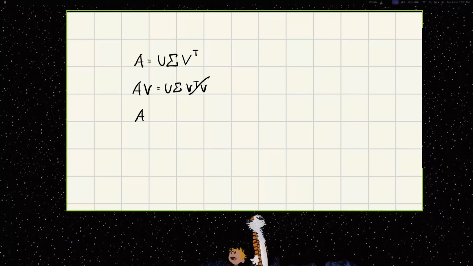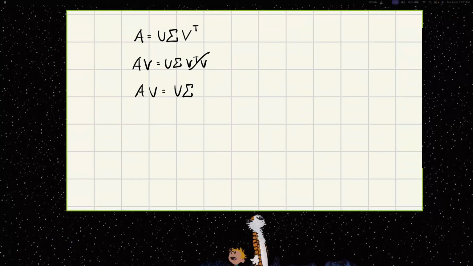So we'd end up with AV equals U sigma. Now this implies, component-wise, that we're taking our matrix A and multiplying it by a basis vector, which is equal to our basis vectors for U times our singular values for sigma.